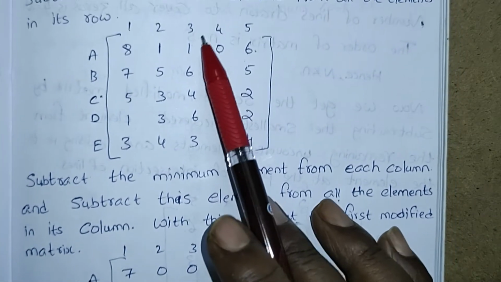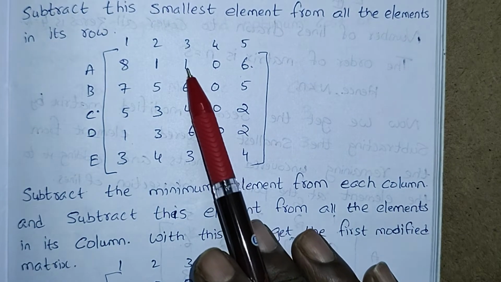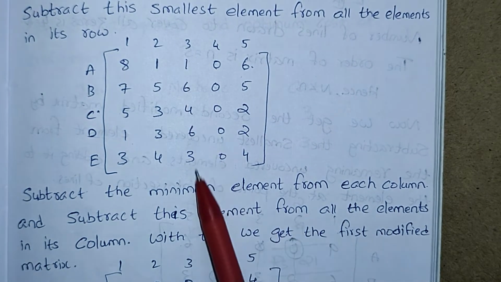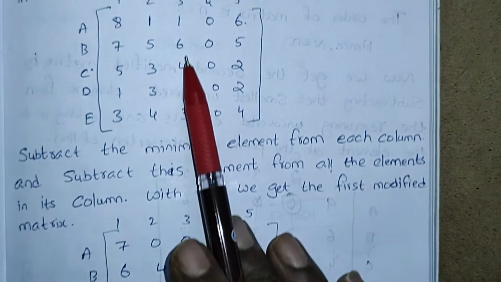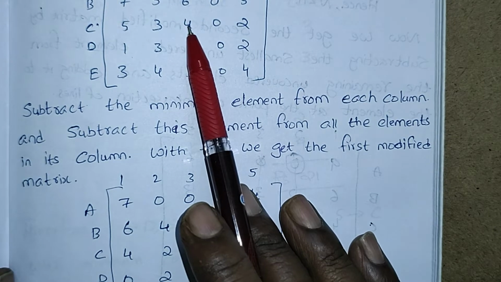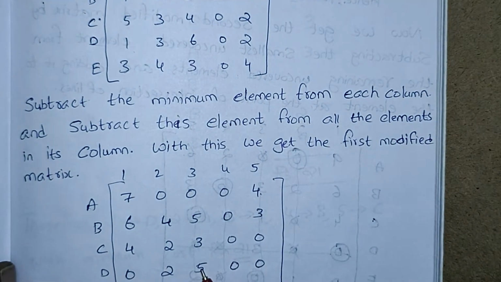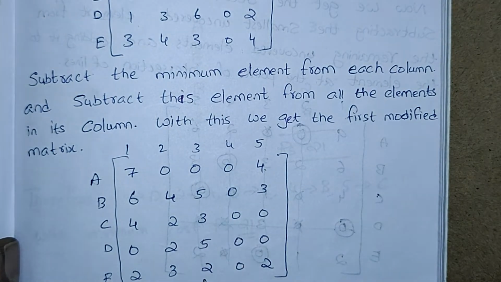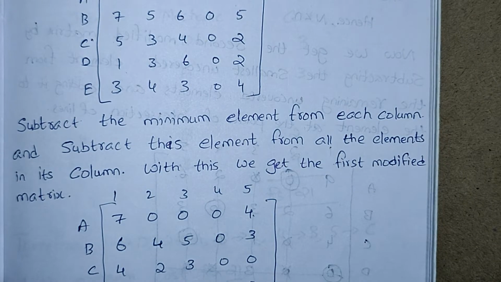In the third column, again 1 is the smallest, so we subtract 1 from the entire column: 1 minus 1 is 0, 6 minus 1 is 5, 4 minus 1 is 3, 6 minus 1 is 5, and 3 minus 1 is 2. The fourth column is always 0, so keep all the zeros here.